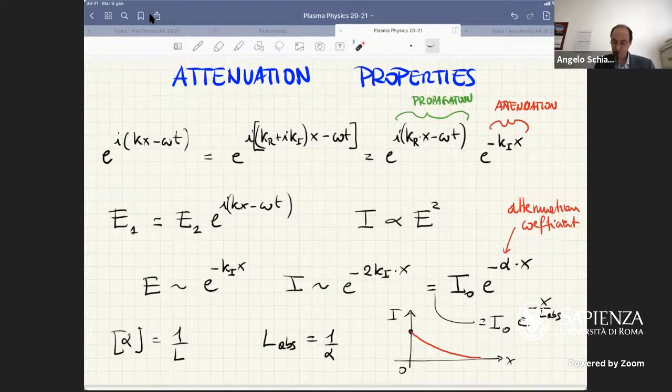Okay, so alpha is equal to twice the imaginary part of the propagation wave number, ki.